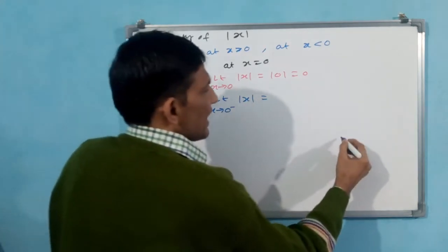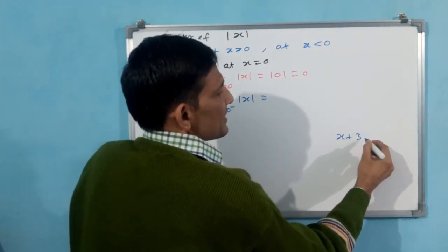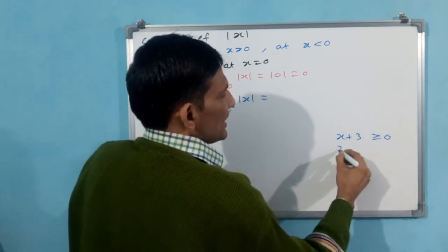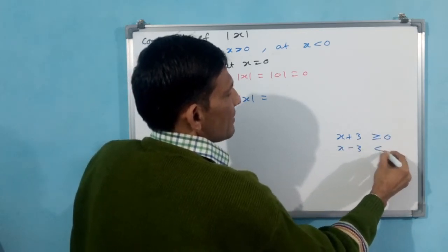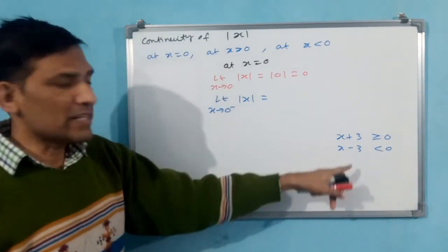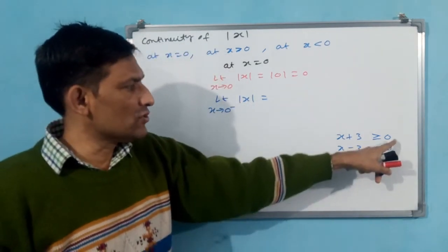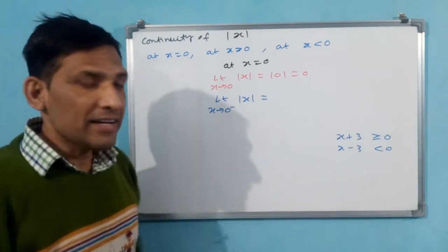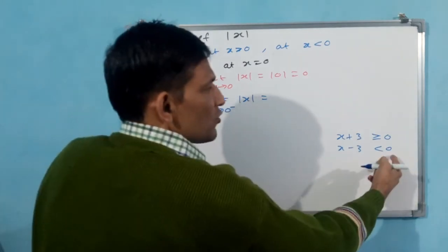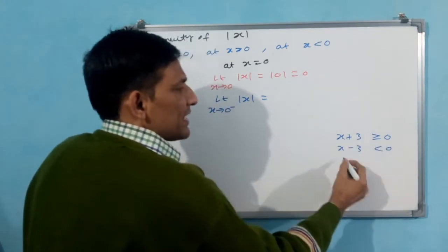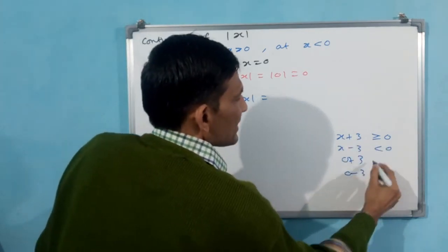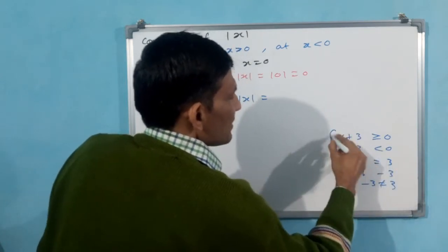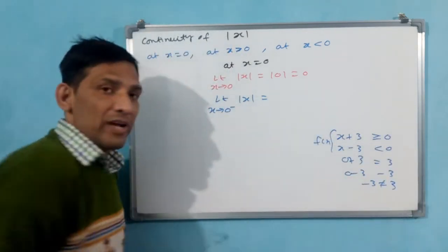If any function is there like this, x plus 3 for greater than or equal to 0, x minus 3 for less than 0, if such two functions are there while changing at 0, then this is going to make change. Or else, here also you are applying 0 minus, 0 plus, 0 only inside here. 0 plus 3, 0 minus 3, plus 3, minus 3, both are not equal. That is why this function is not continuous.